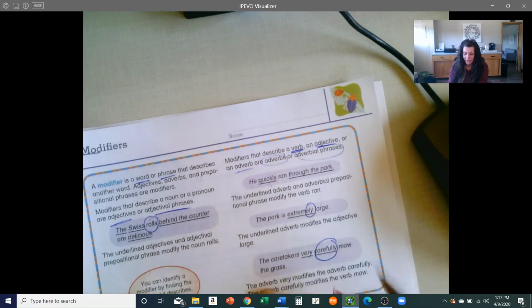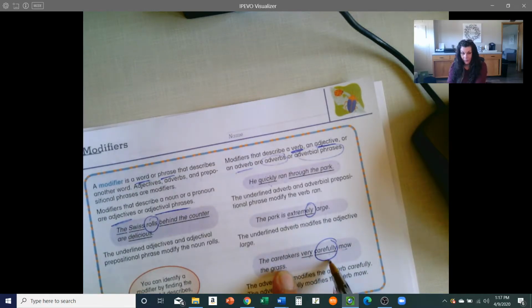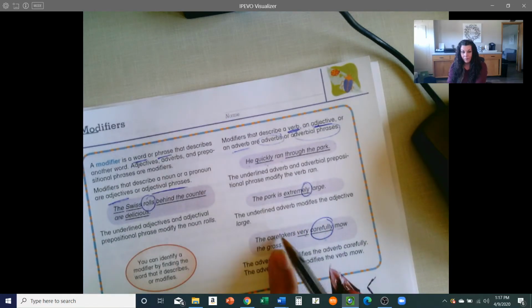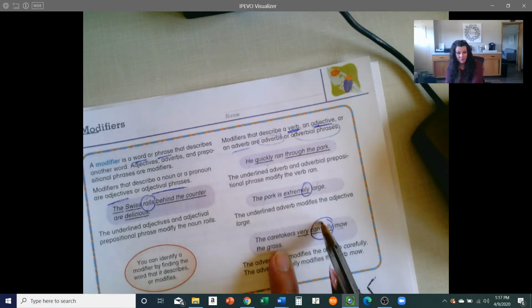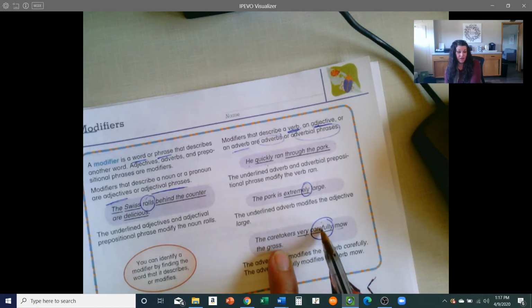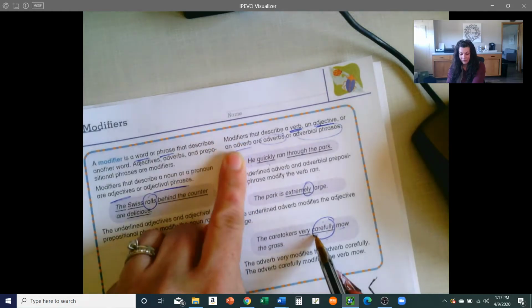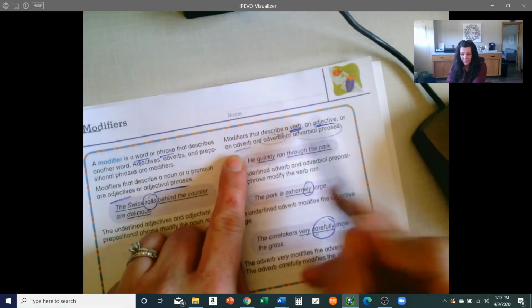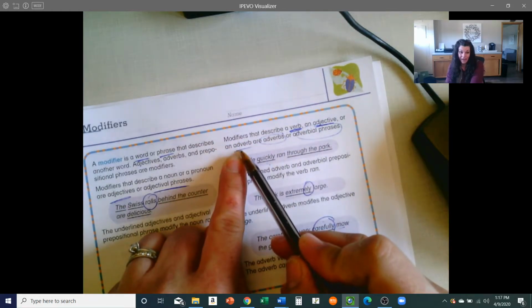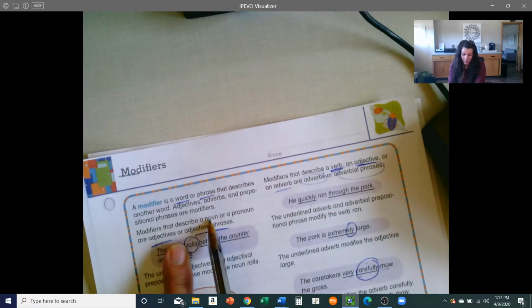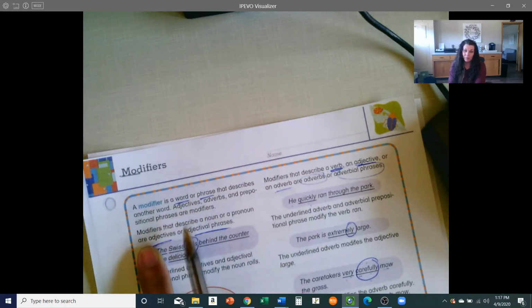Carefully describes how they mow. And then very describes carefully. And so that makes very an adverb because it's describing another adverb. So that's the one that's different here. Adverbs describe verbs, adjectives, and other adverbs. Nouns or adjectives only describe nouns or pronouns.